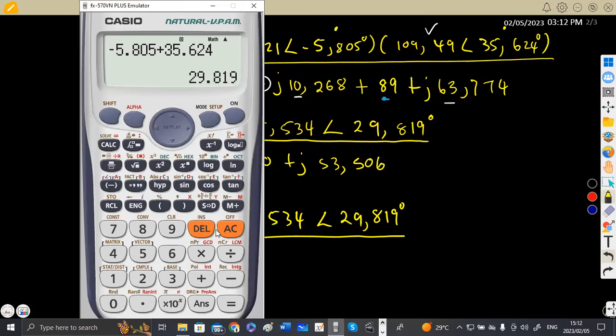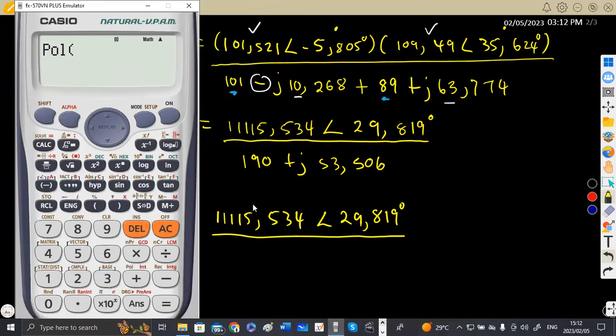So like I said, guys, in polar form, that's shift pol, which is shift plus. That's 190. The comma is shift comma here, which is 53,506. We close this bracket. So it's going to give us R in polar form and theta in polar form.